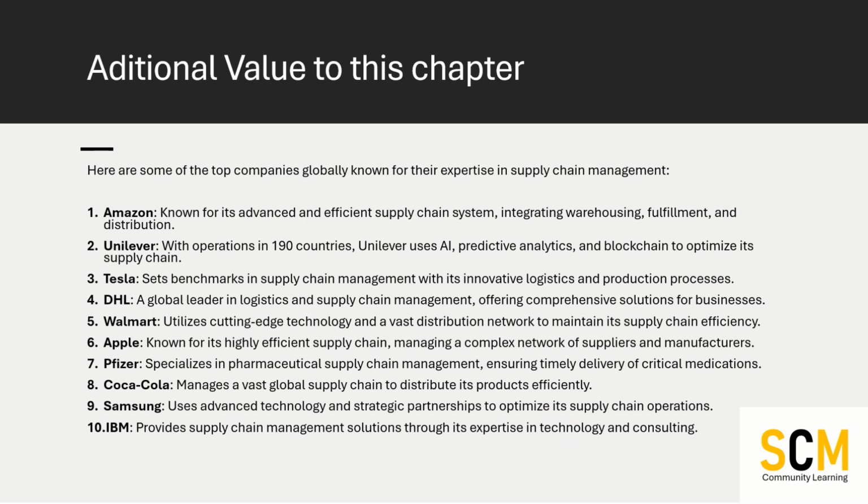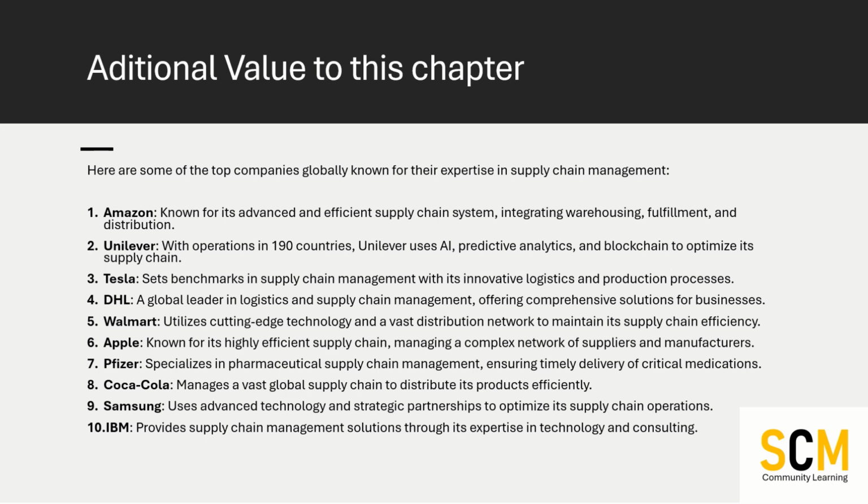Additional value of this chapter is to give you information about why it's important to implement supply chain management in a better way in your company, in your finished goods products company, or in your service company.